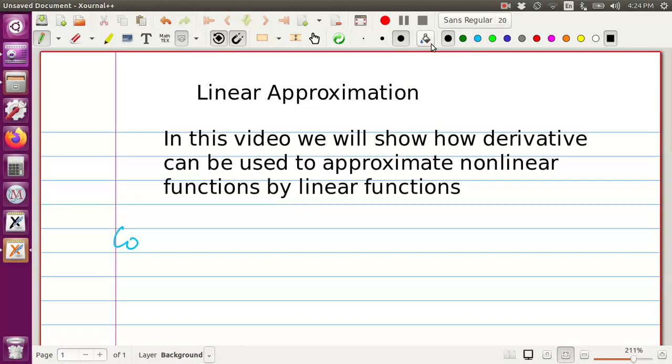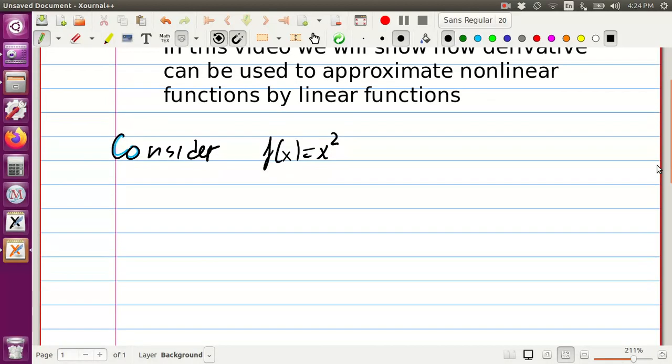So consider f of x equal to x squared. If we look at the picture of this graph, at x equals 1 we can draw a tangent line, and if we step away a little bit to the left or to the right of 1, we can clearly see that the value on the tangent line is very close to the value on the curve.